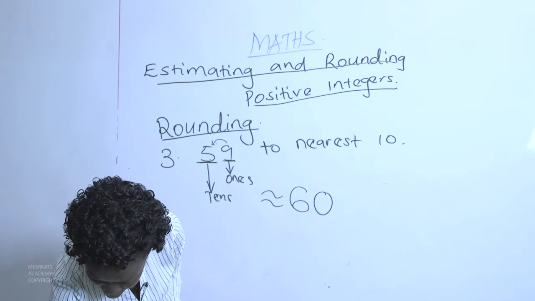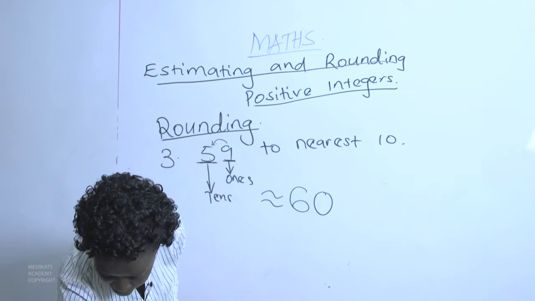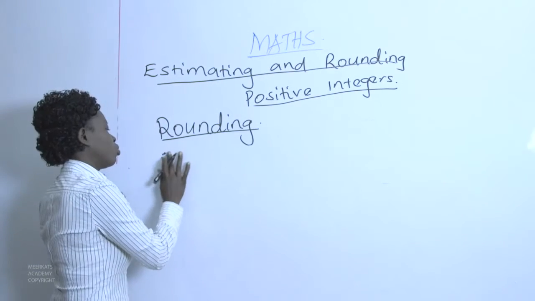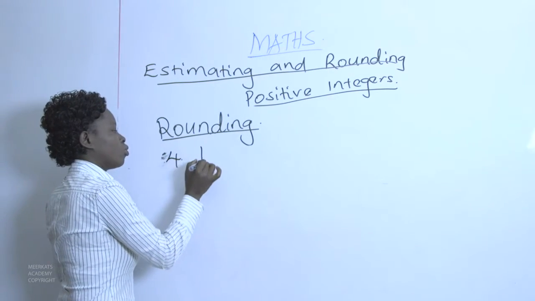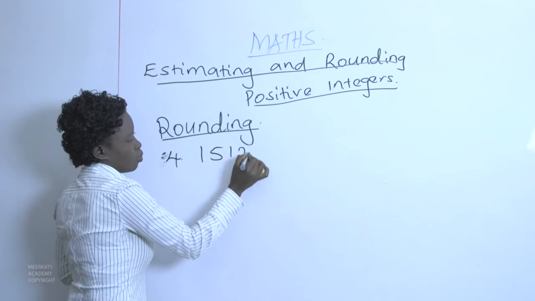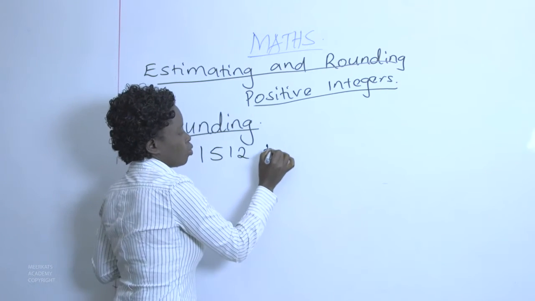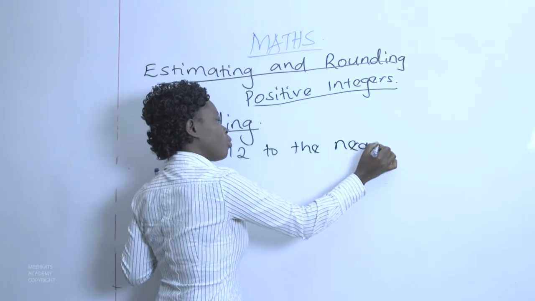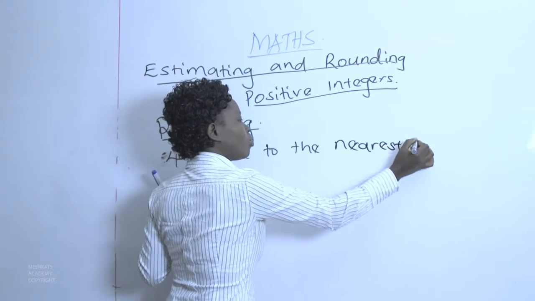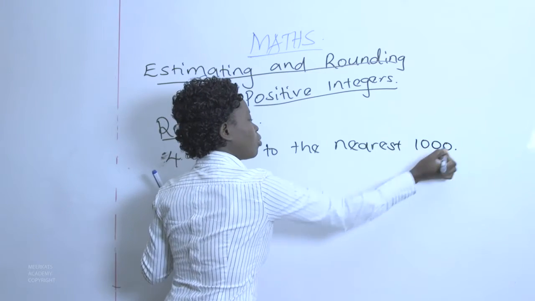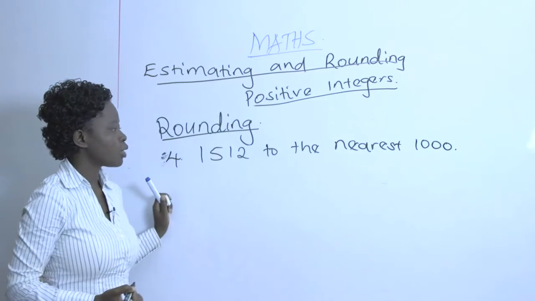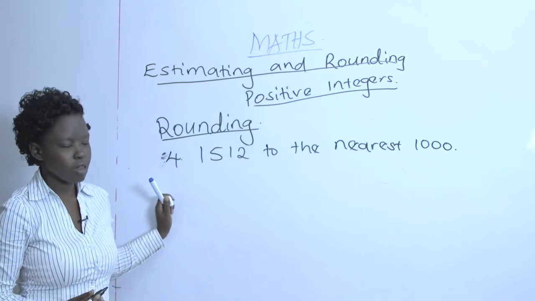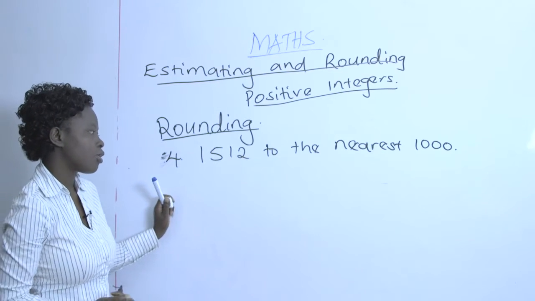One last example that we look at. We have 1,512 to the nearest 1,000.